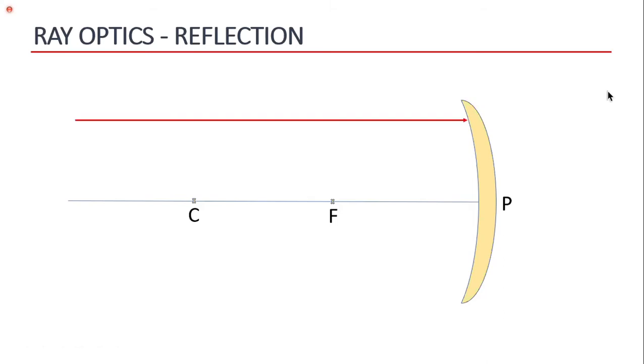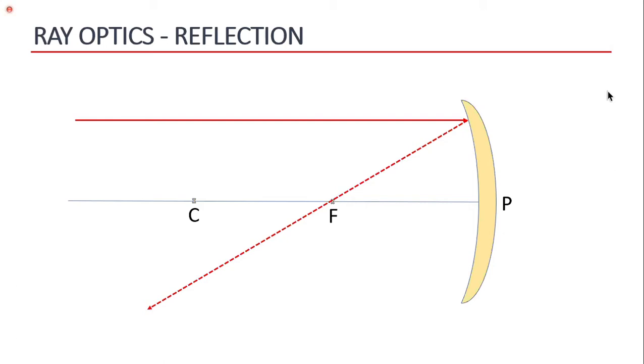Now I identify the image when the object is at an infinite distance. The light rays that are coming will be parallel to the principal axis. When a ray parallel to the principal axis comes, it will go through the focus after reflection. But here can I get an image? I cannot get an image, right?